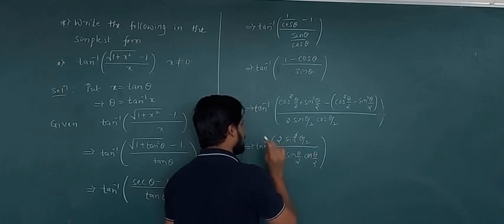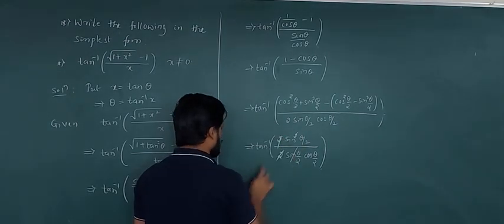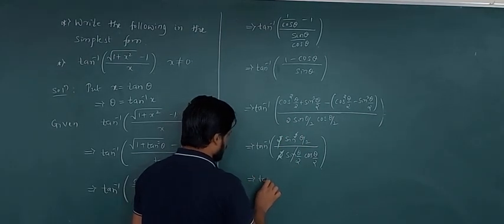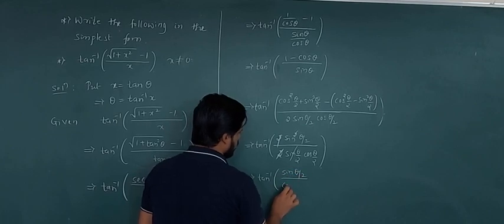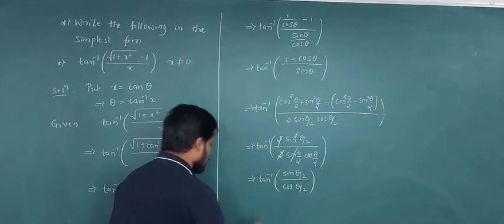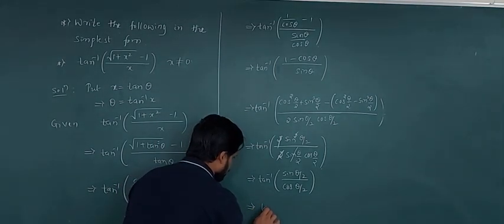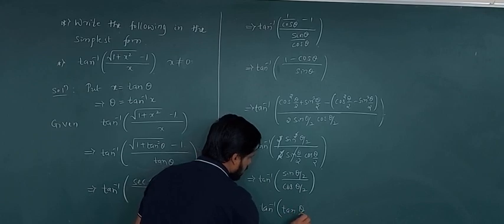Here one sin theta by 2 cancels, and 2 gets cancelled. We remain with only tan inverse of sin theta by 2 divided by cos theta by 2. Sin by cos is tan. So therefore this implies tan inverse of tan theta by 2.